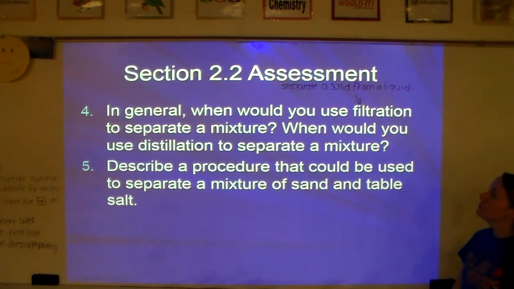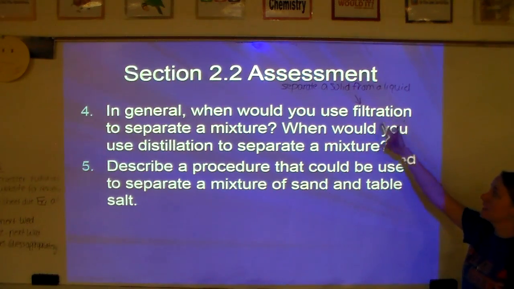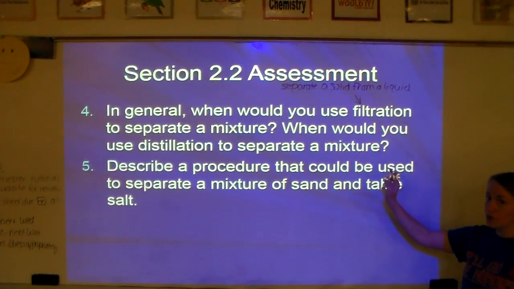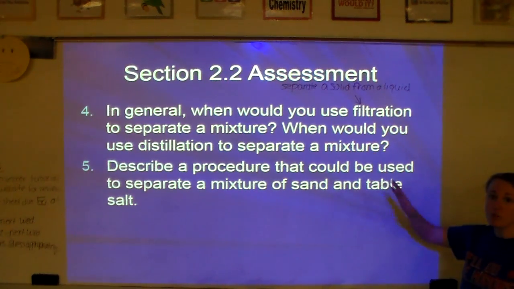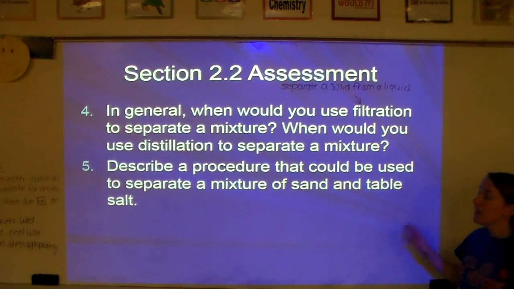All right, and then it says, when would you use distillation to separate a mixture? Well, remember, you could separate a solid and a liquid using distillation, or you could separate two liquids. But the important thing to remember, to use distillation, you need to have different boiling points. If you had two liquids where the boiling point was almost the same, then you wouldn't be able to separate them.